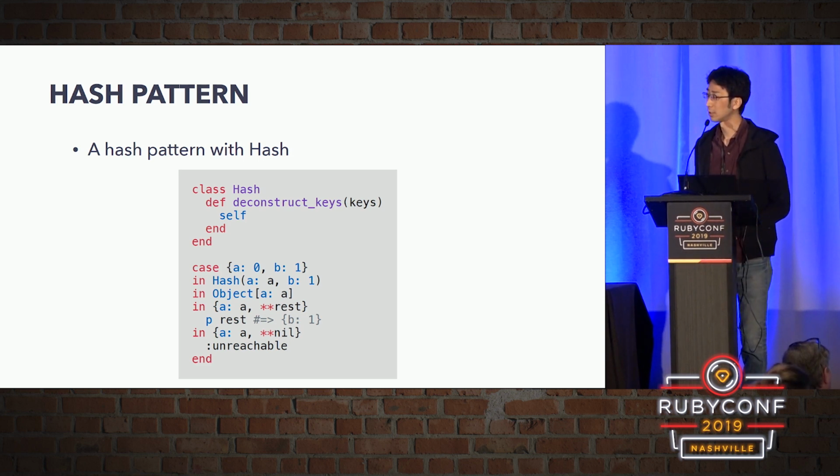And this is an example of a hash pattern with a hash object. The deconstruct_keys for the Hash class is to return the hash itself, like Array's deconstruct method. But deconstruct_keys takes 1 argument, keys.